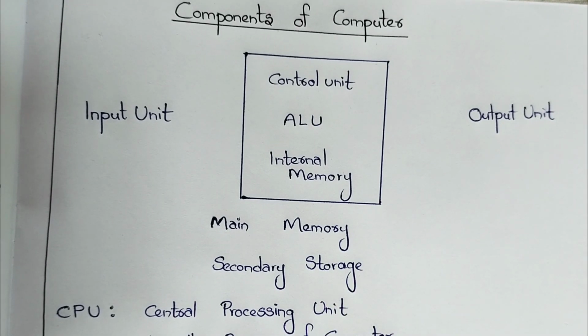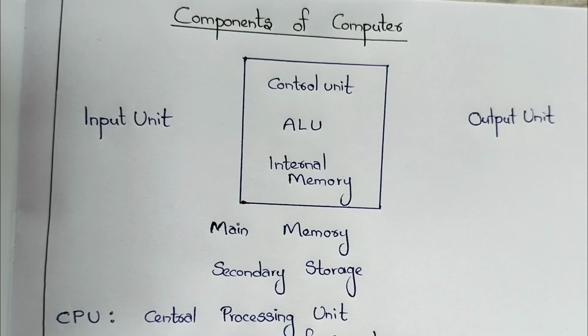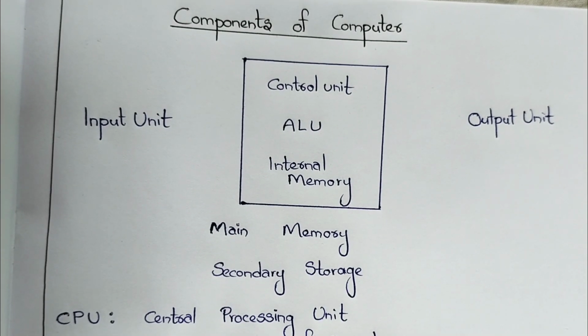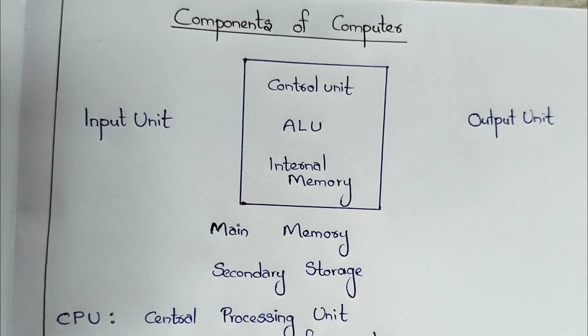So today in this class we are going to learn about the components of computer. In yesterday's class we learned about the history of the computer and the data measurement units in computer, and then we learned about punch cards, Pascaline, Leibniz wheel.